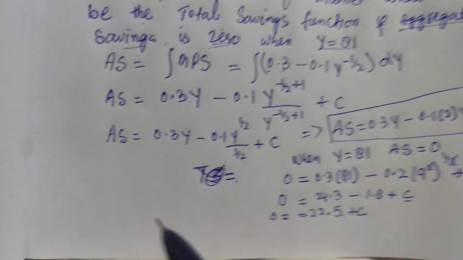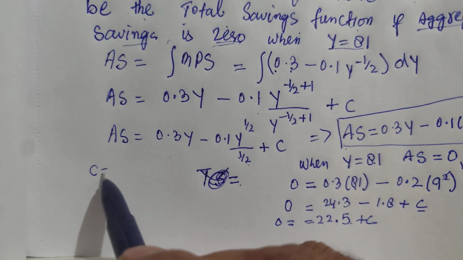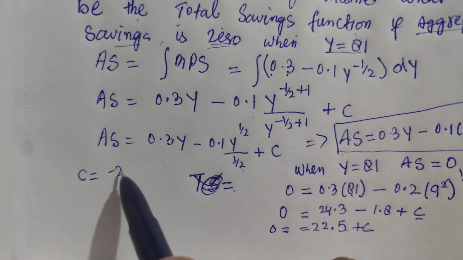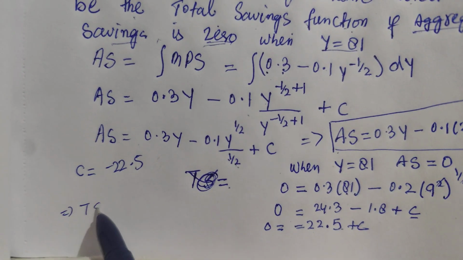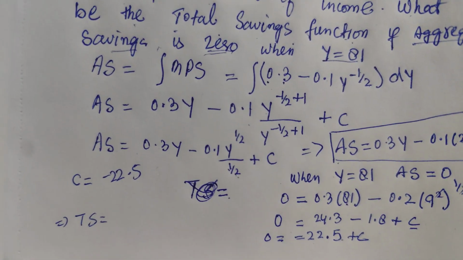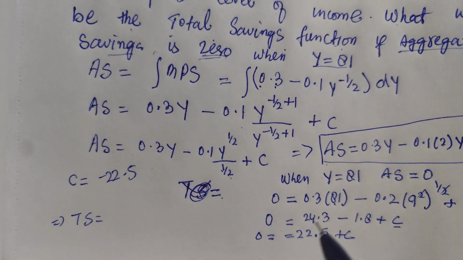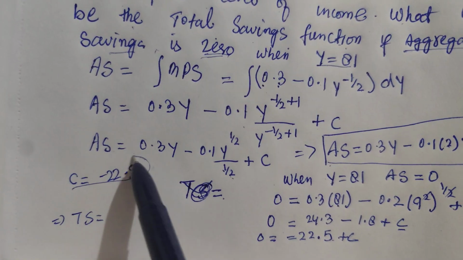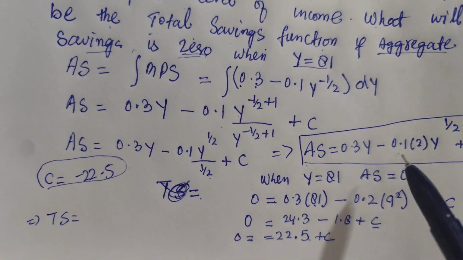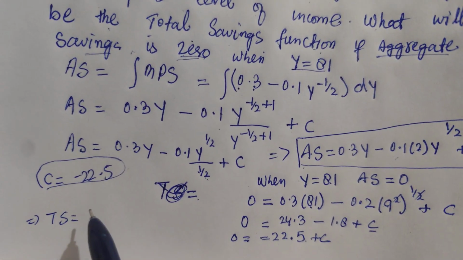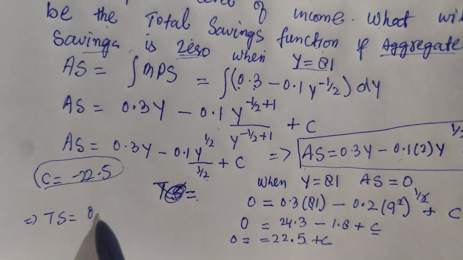Solving for c, c is equal to minus 22.5. So the total savings function will be obtained by plugging the value of c, minus 22.5, into this equation.